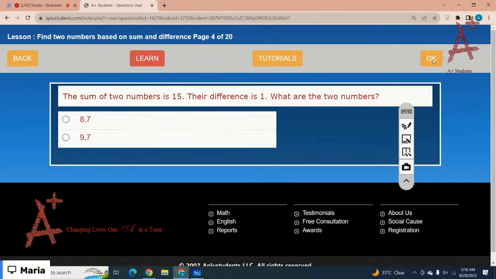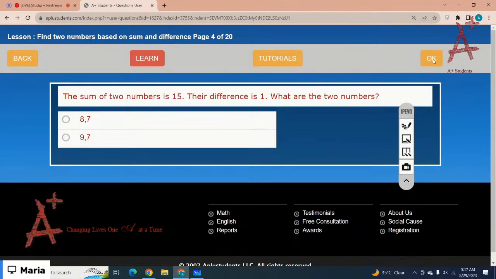The sum of two numbers is 15. Their difference is 1. What are the two numbers? Which is the correct option? Which two numbers have the sum 15 and difference 1?